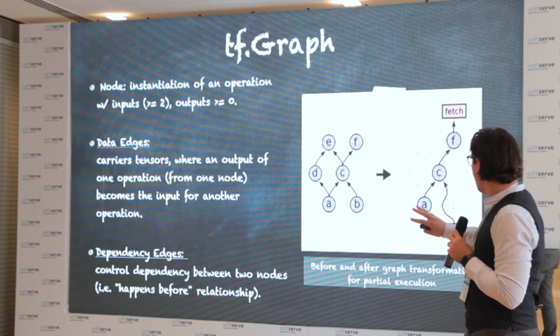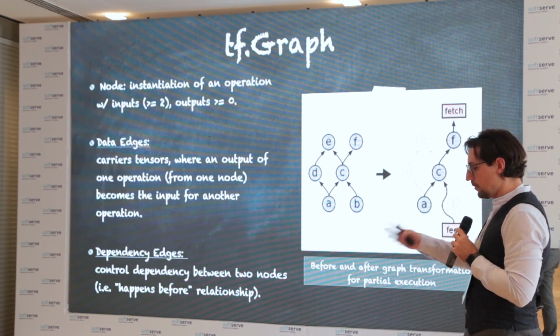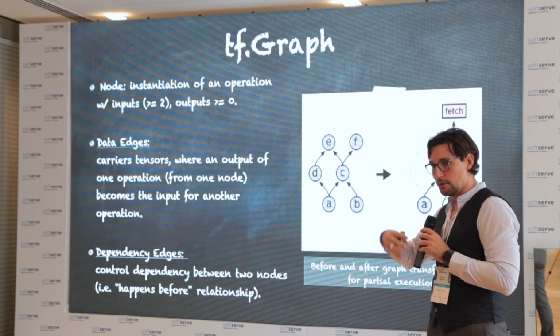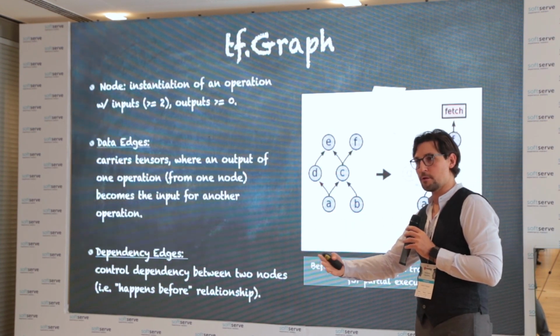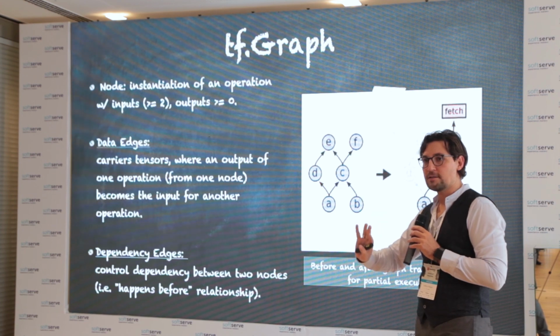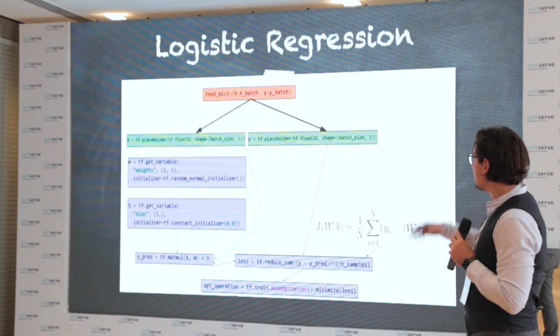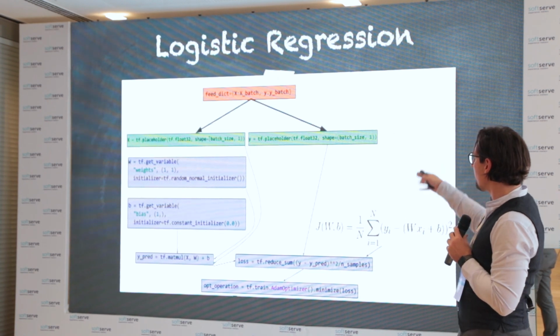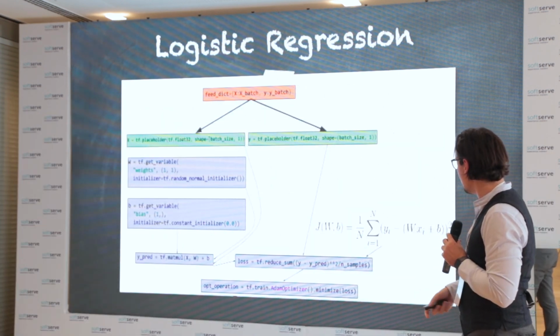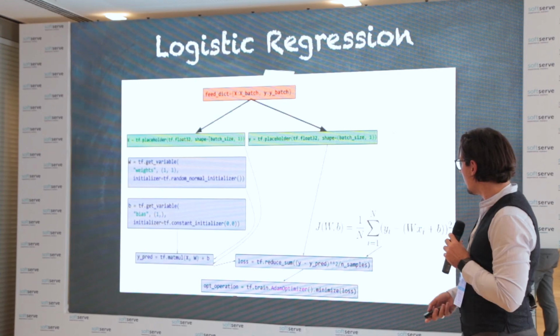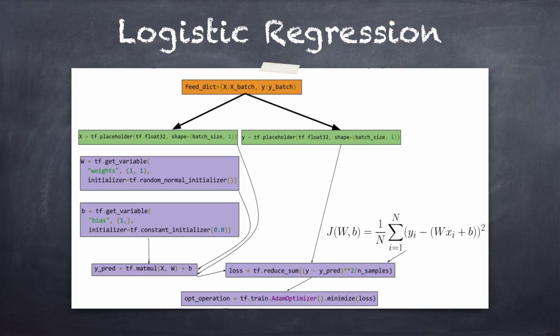So the internal representation of all the operations applied on the machine learning algorithm in TensorFlow is basically represented as a graph of operations. This is an example of sets of operations for logistic regression. I will show you this in more detail in the next slides.